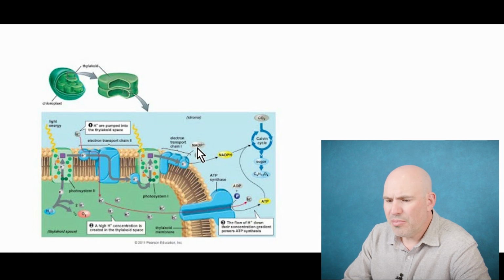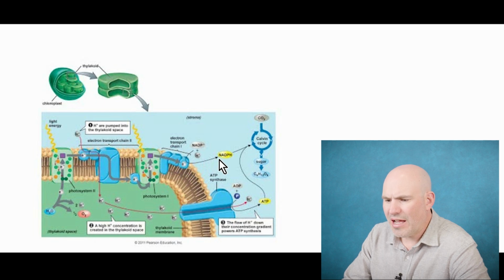So NADP plus, we said, was an energy carrier that carries hydrogen. So NADP plus is going to grab these protons, those hydrogen protons that all fell out of this ATP synthase. It's going to grab a hydrogen, grab the electron, making that hydrogen complete again. So NADP plus grabs the hydrogen proton, grabs the electron, and now it's NADPH.